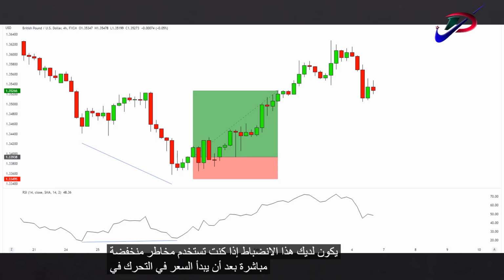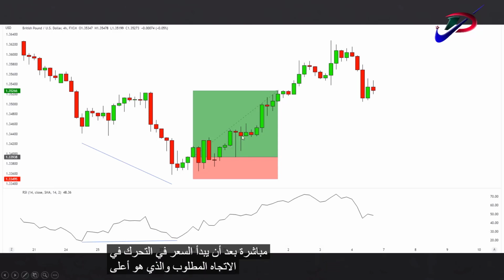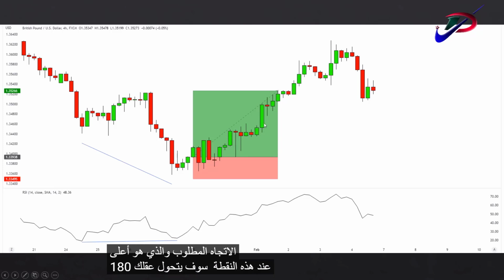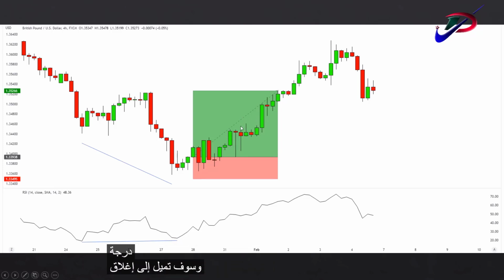Right after that, price begins to go in the desired direction, which is up. At this point, your mind will shift 180 degrees, and you will be tempted to close the trade with a small profit. You must also resist this urge. That happens because we prefer a small profit right now, rather than a bigger profit later on.